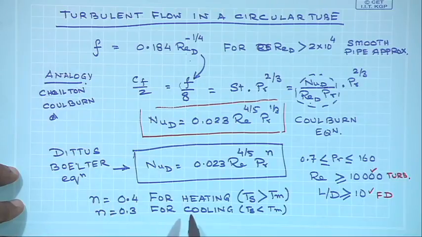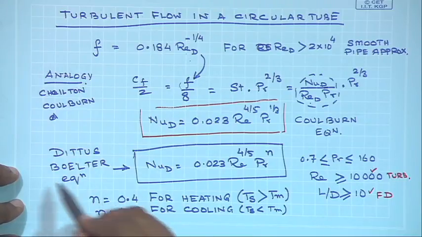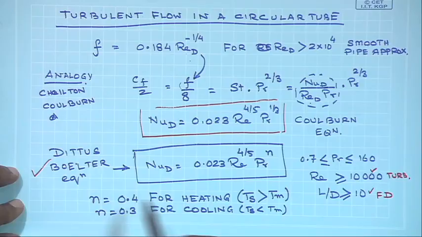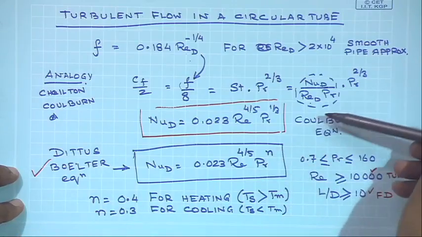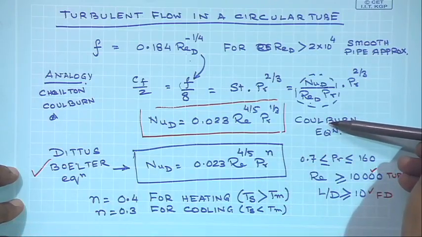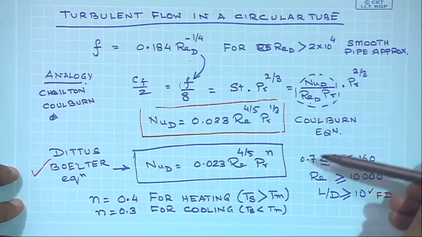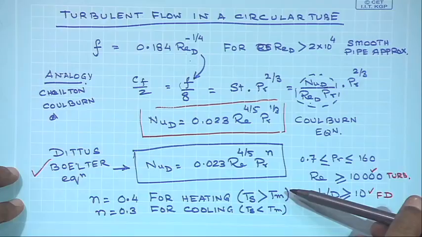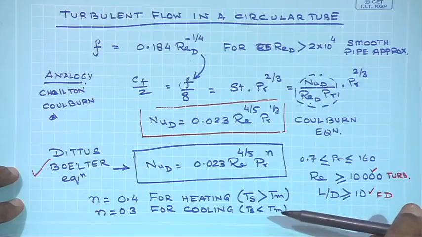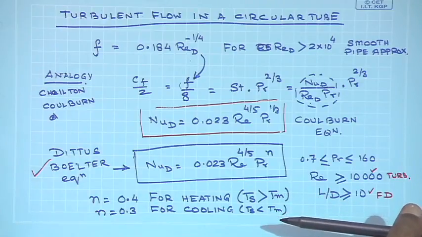So, for all future calculations we will stick to Dittus-Boelter equation, which is again just an approximation, an empiricism added to Colburn equation to take into account whether it is a case of heating or a case of cooling.